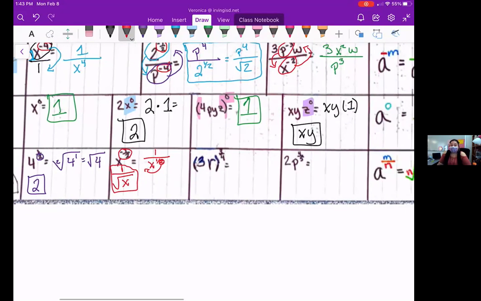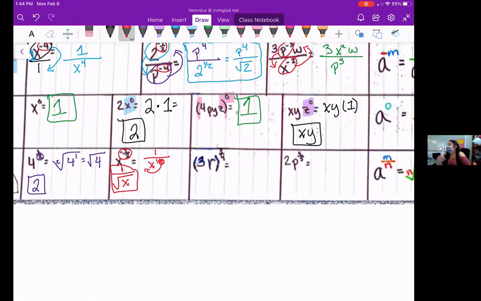Next one, we have, again, the power of parentheses. I need y'all to make sure you pay attention to the power of parentheses, okay? Here you can see that this entire thing is to the power of 3 over 4, okay? Not just the r, right? The main difference between this example and the one right after is that one has parentheses and one doesn't.